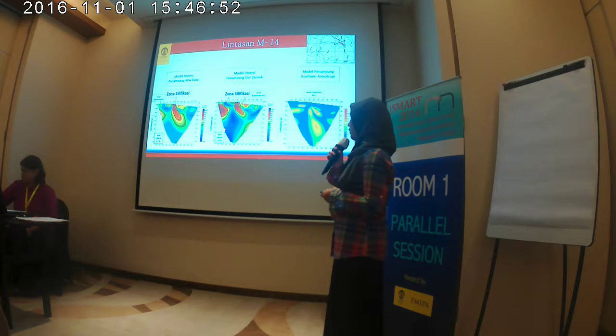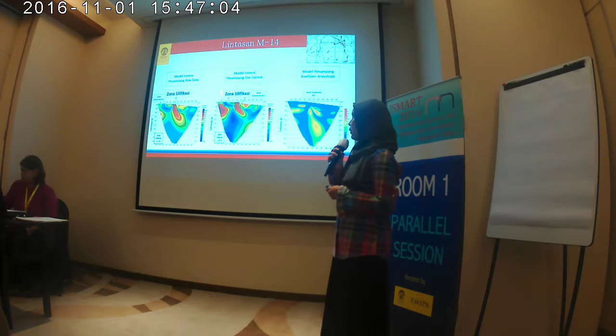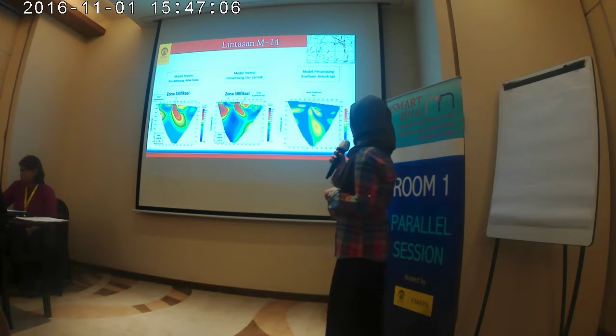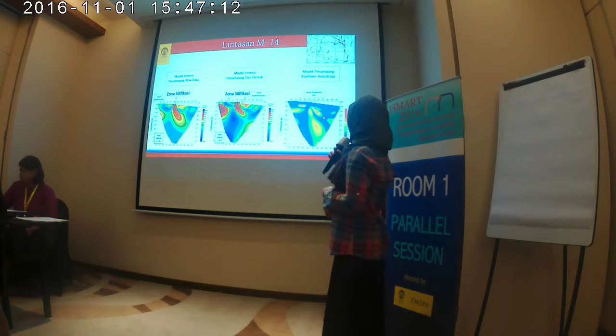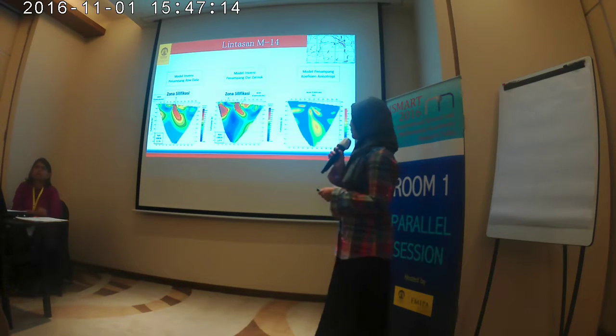And in the Dar-Zarouk inversion model, the silicification zone is shown at 10 until 50 and 100 until 120 meters. In the coefficient of anisotropy cross-section model, it shows precision.